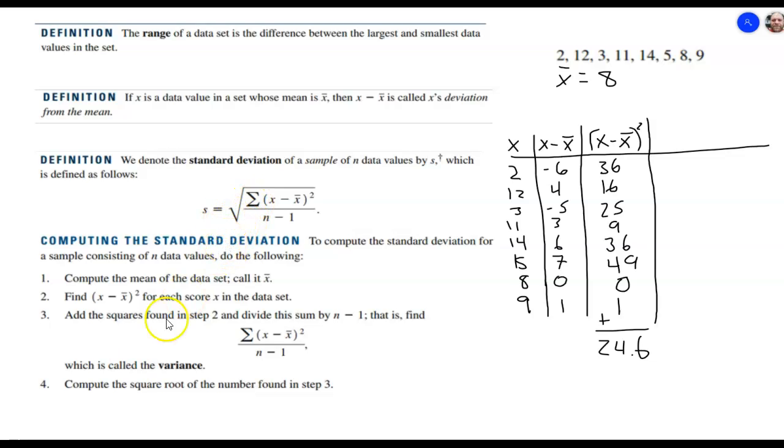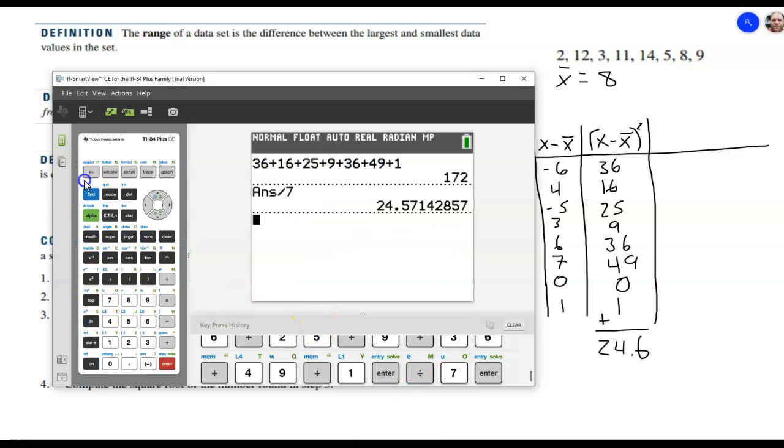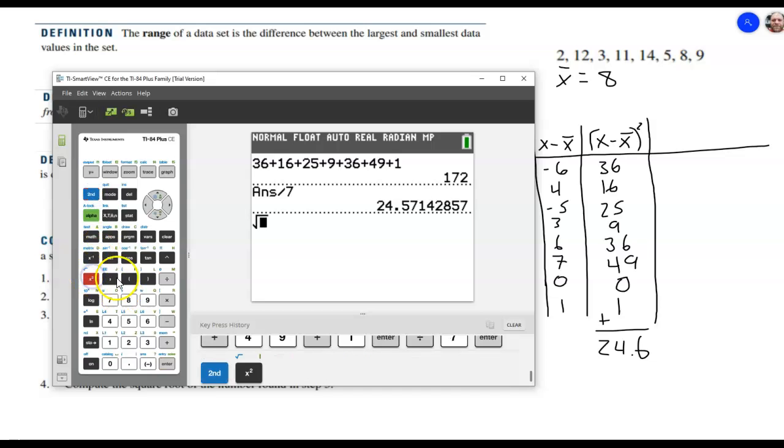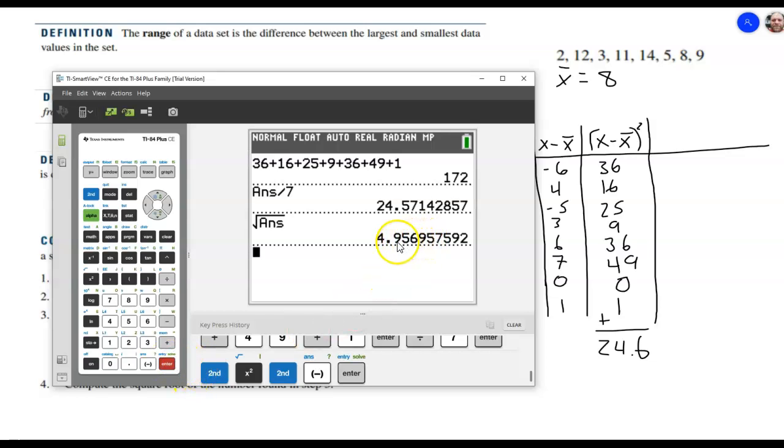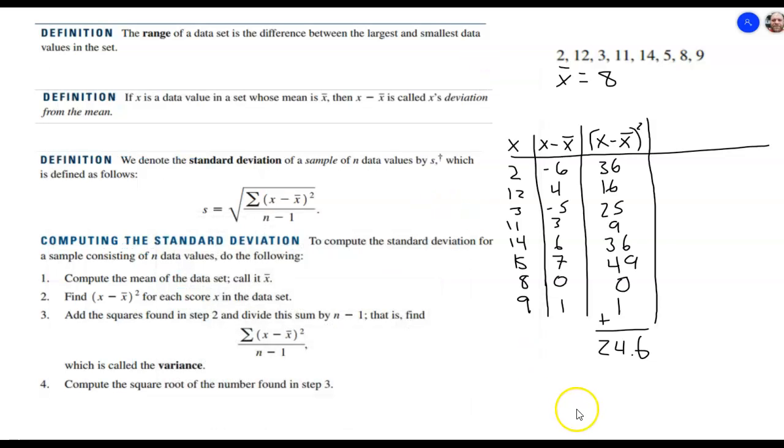The last thing we do is we take the square root of this thing. So going to my calculator, you can either write it out or you can just do second square root. And I'm going to do second answer. That puts in my last answer there. And I get about 4.96. So about 4.96.